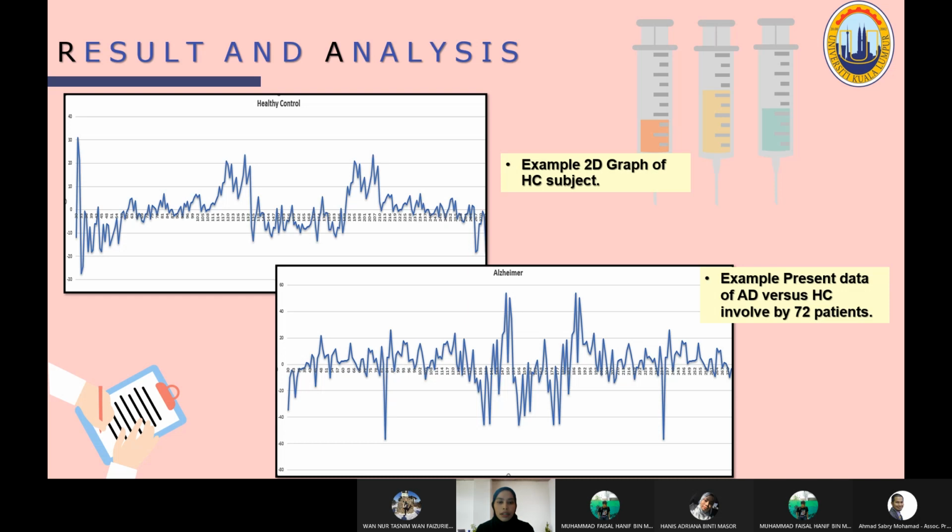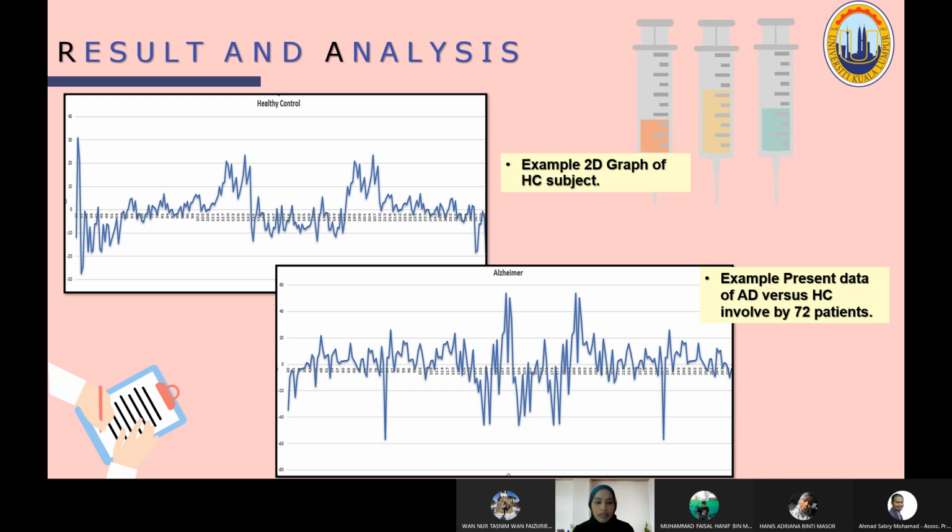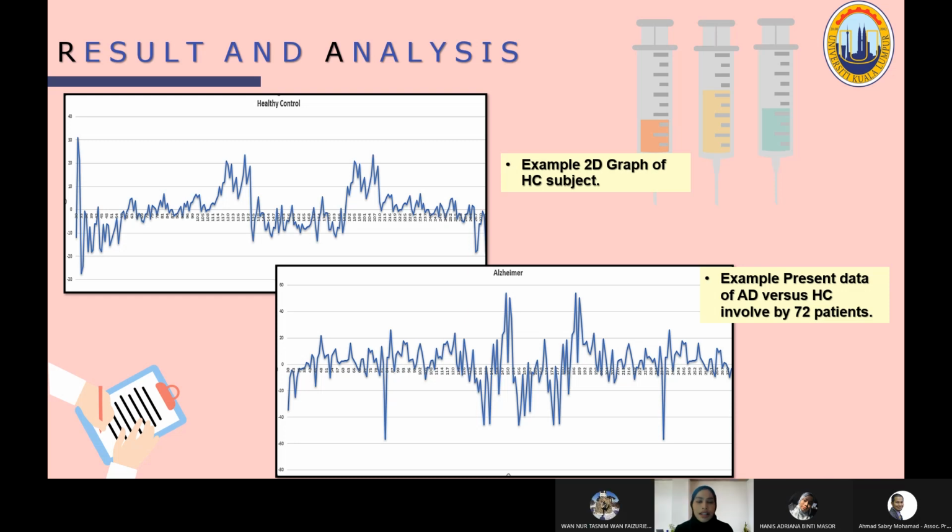Wait a second, how many people? 49 people of Alzheimer's. 49. How did you get all of those samples? This is from the previous study. Yes, this is from the previous study that I have collected from FISCON. The research name is FISCON. The data is from online, from his previous research.